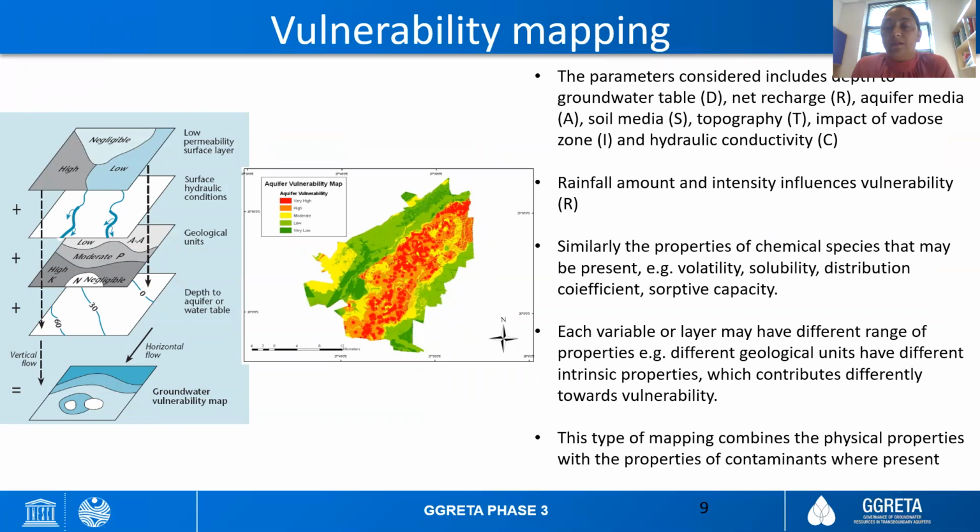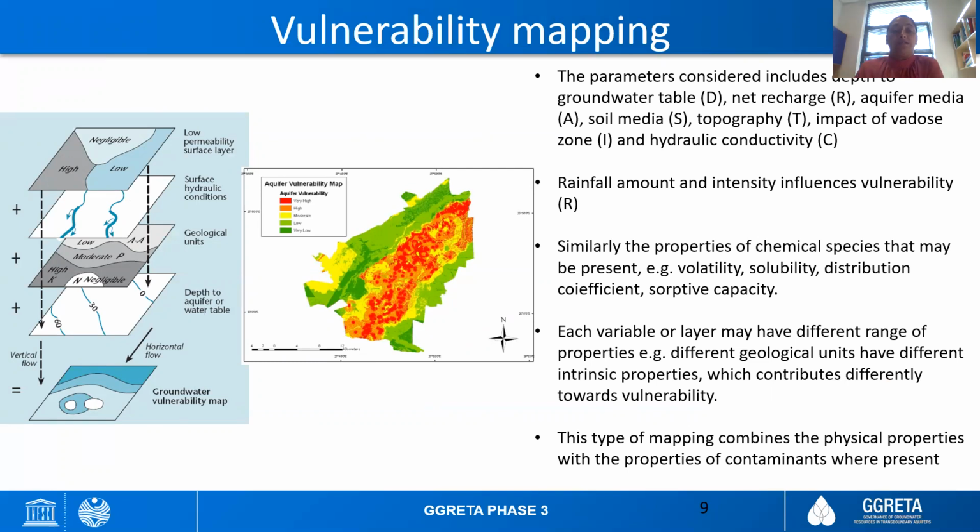And the parameters that are considered there include the depth to groundwater table, the net recharge, your aquifer media, your soil media, your topography, and impacts of your vadose zone, as well as hydraulic conductivity. If you look on the left, you can see that these are applied as layers in your software, and you get a resultant groundwater vulnerability map.